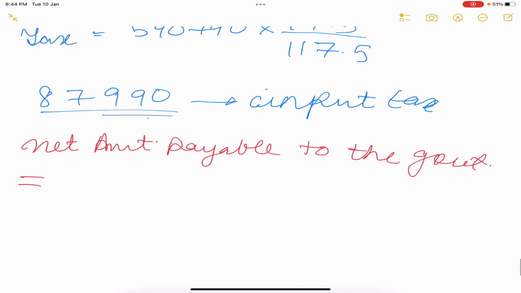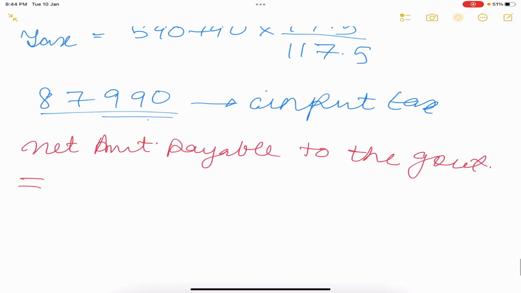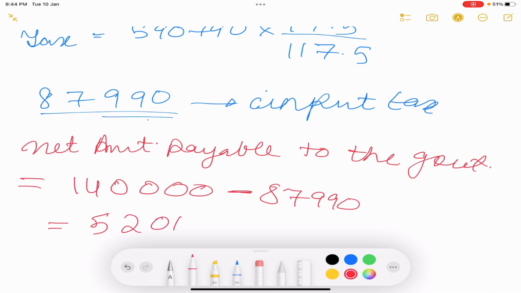Output tax which I have to actually pay to the government, which is this, and how much I have already paid, which is 87,990, which is... I have to pay this much more to the government.